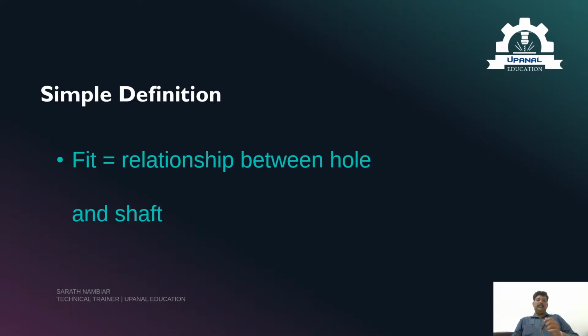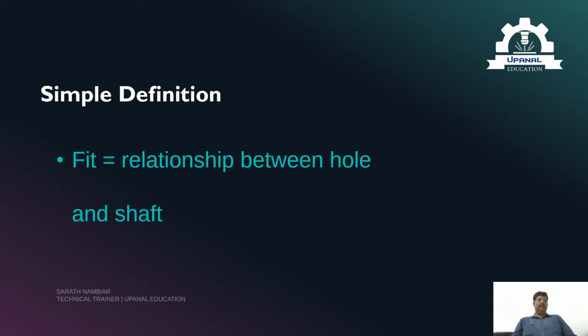So, what is it? Fit is nothing but a relationship between a hole and a shaft. A hole, which we normally call a female part, and shaft, which we call a male part. The shaft is the part that goes inside the hole, and the hole is the part that receives the shaft.